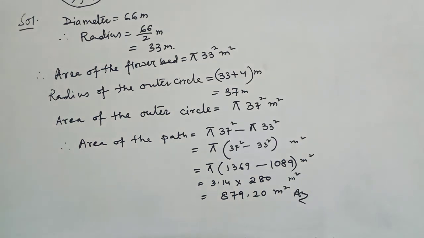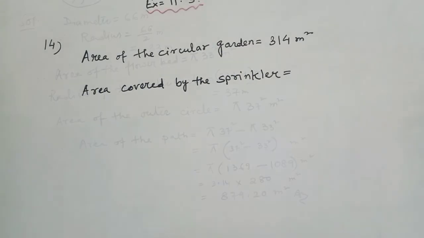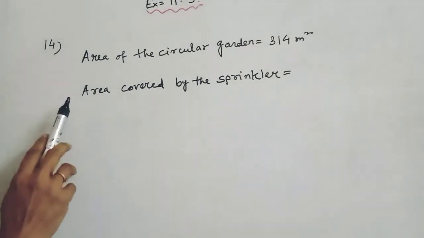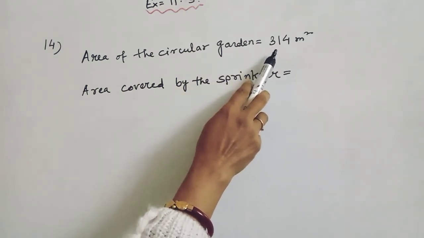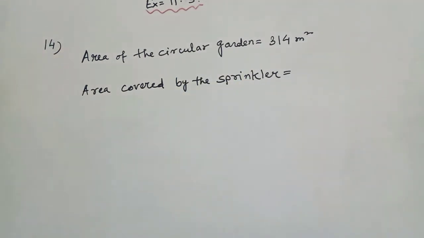Understood? Now come to the next question, question number 14. The area of a circular flower garden is given as 314 meter square, and a sprinkler at the center of the garden can cover an area of radius 12 meter.